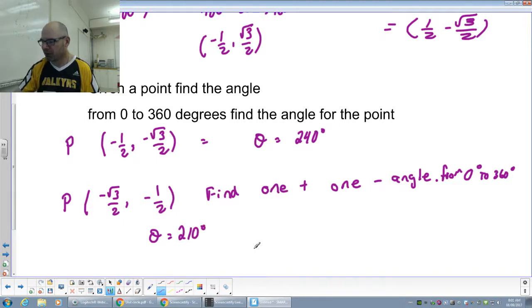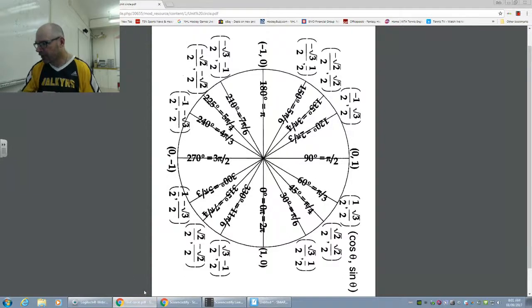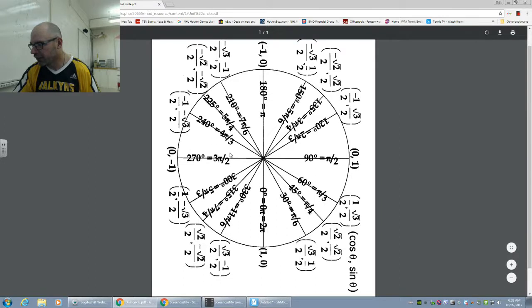And then the negative angle: we've gone from here all the way around to there to get 210, so we've got to go from here all the way down to there. That's 90 degrees, and this is a multiple of 30 here and 60 more. So 90 and 60 more, that's negative 150. Another way to look at it is 360 minus 210.